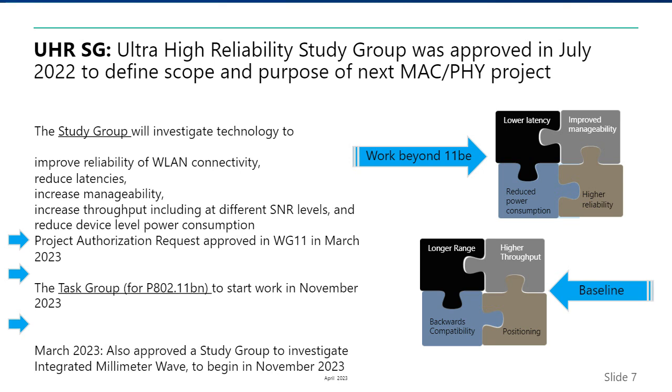This work is ongoing now in the ultra-high reliability study group. This group is defining the boundaries of the project and their goals for the next MAC and PHY, which most likely will be known as Wi-Fi 8. This will be the task group BN project, which the task group itself is on target to begin work in November.